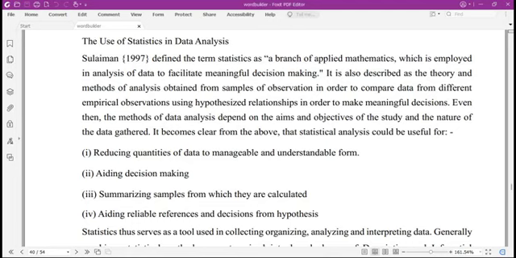Three, summarizing samples from which they are calculated. That's the samples you have gotten. It gives a kind of summary. You have a lot of samples that you have gathered. It gives a kind of summary of the samples. So it summarizes samples from which they are calculated.